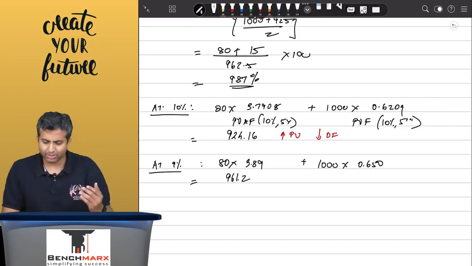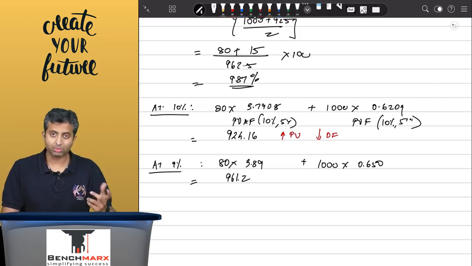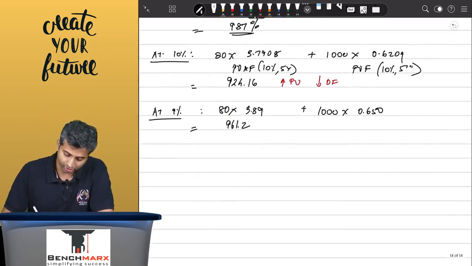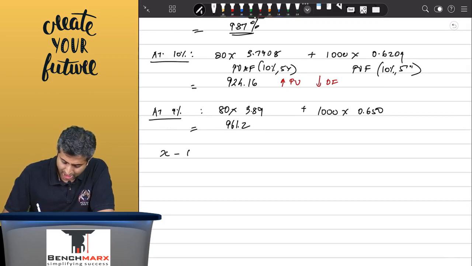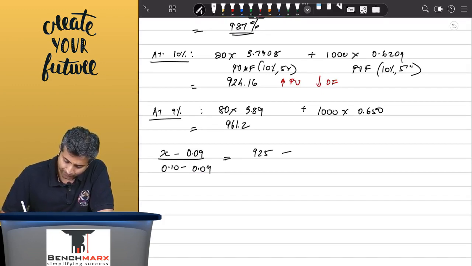So mission accomplished. We have one number above 925 and one number below 925, and hence you can do interpolation. Interpolation is higher number minus lower number. So x minus 0.09 upon 0.10 minus 0.09 equals, on the RHS, 925 minus 961.2 upon 924.16 minus 961.2.